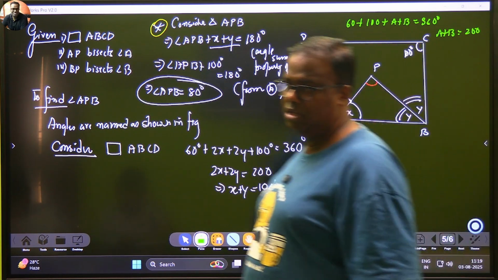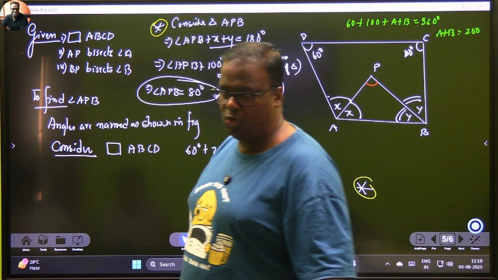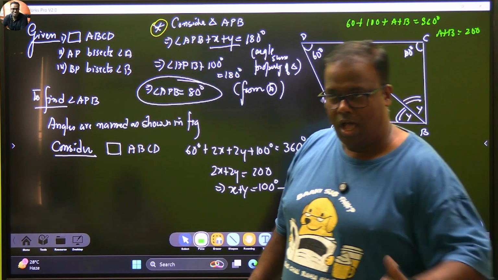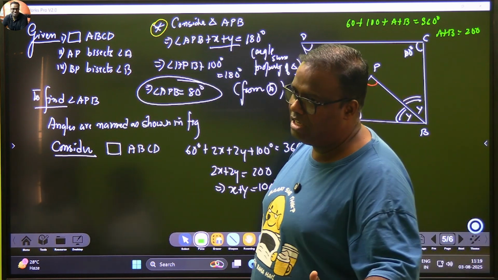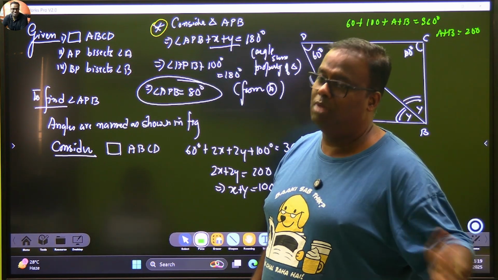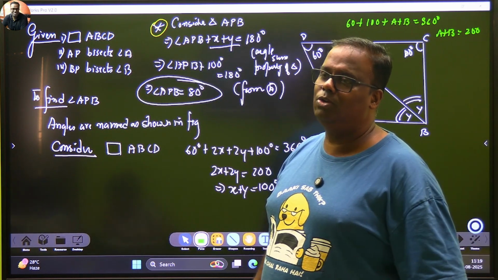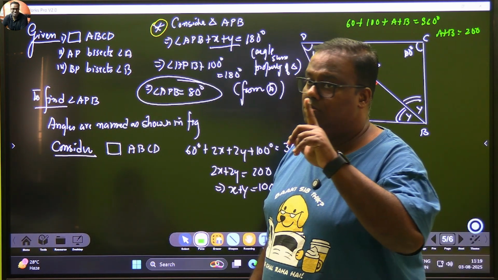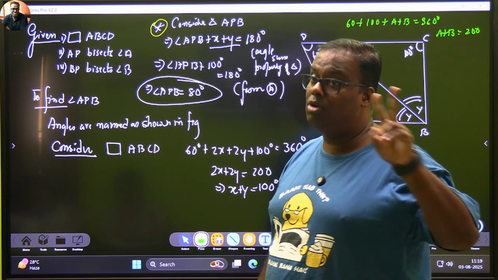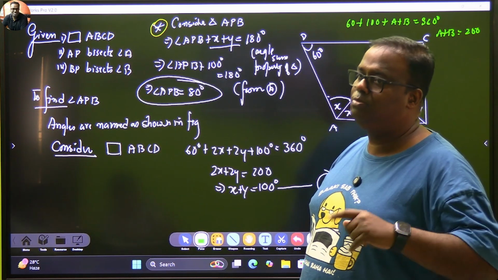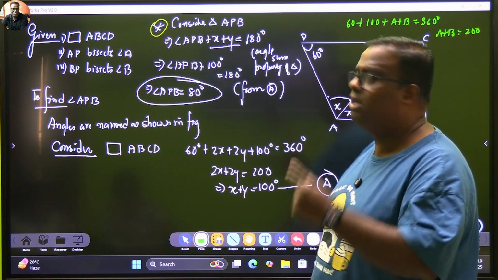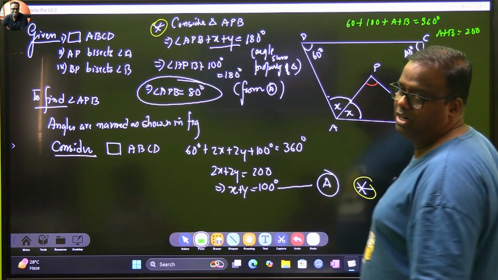A plus B. Suppose a whole is equal to 2 monkeys, then half of the whole is equal to 1 monkey. A plus B is 200.